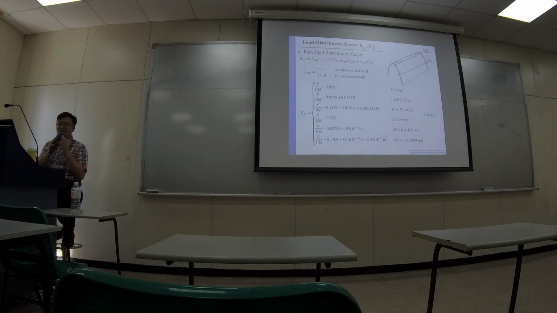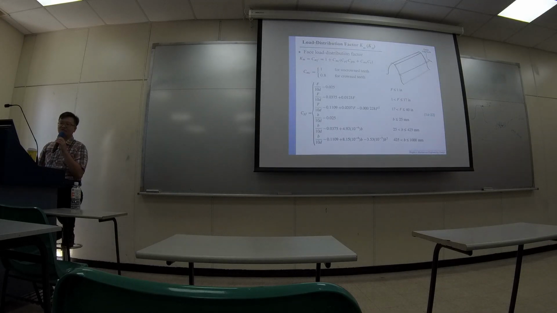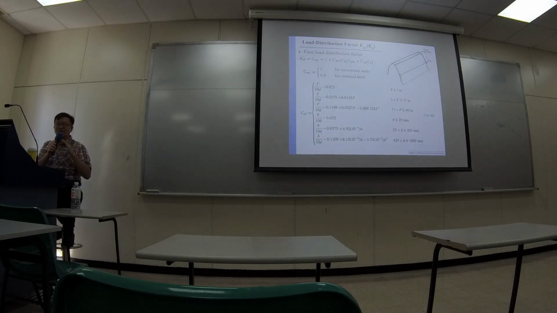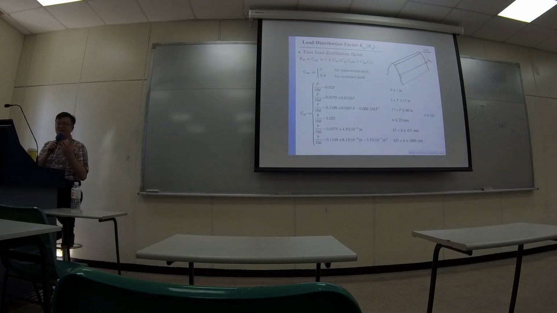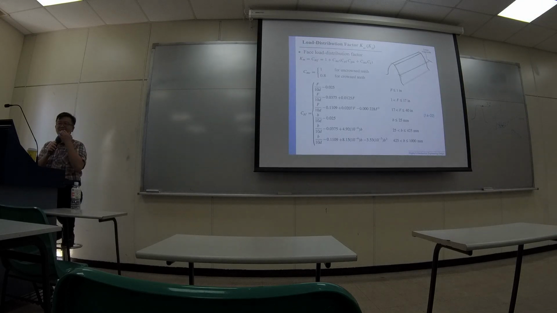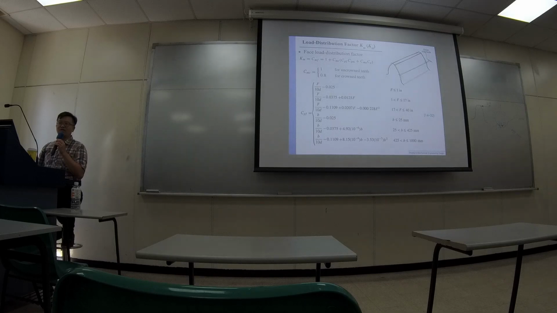So it's called a crowned tip. If the profile is a little bit crowned, basically on the edge it's slightly smaller than the original shape, then you will have more load applied to the center, because a greater area is in contact with the opposite side.